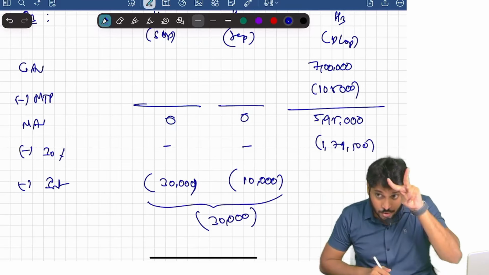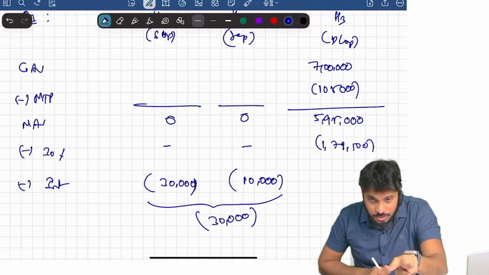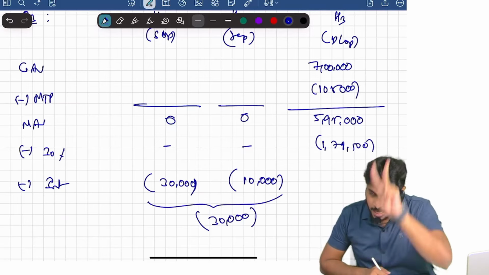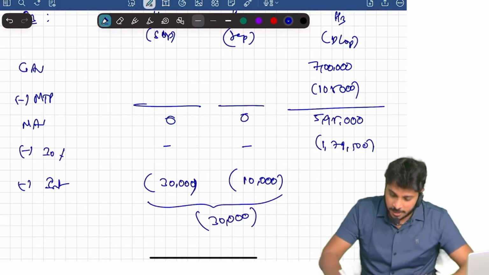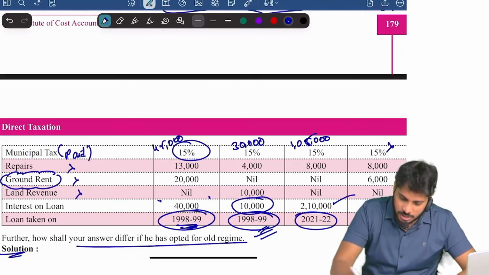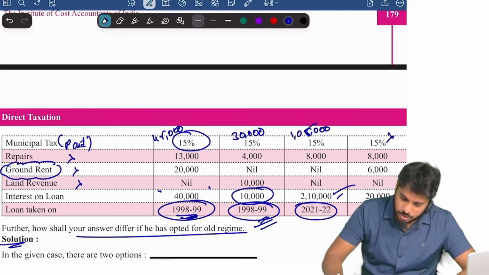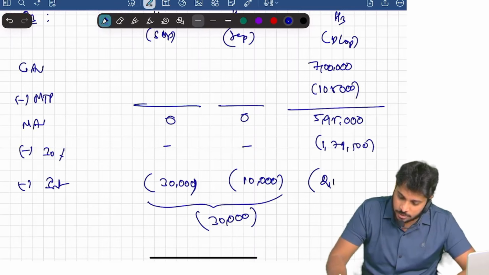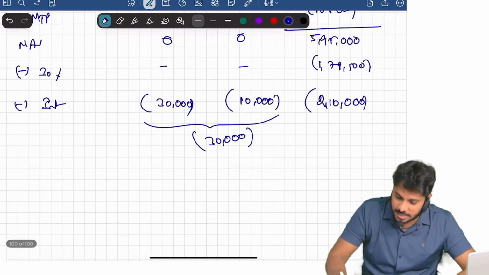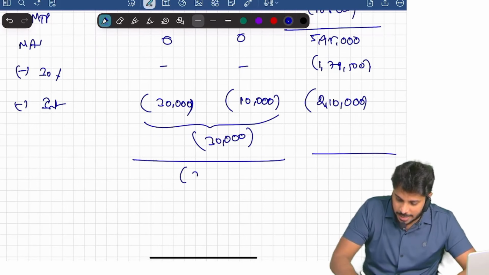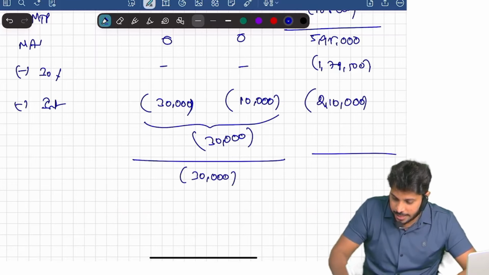But since here both the loans are borrowed before 1/4/1999, both the limits put together 30. Now minus interest, actual interest you can claim, 2 lakh 10. Remember, this is deemed let out, so no need of limit application. So the answer 30,000, and here it will be a positive.